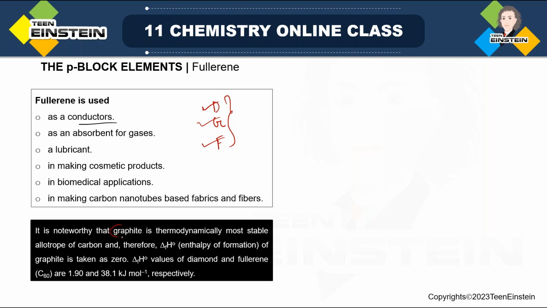It is true that chemically all of them are carbon, but in thermodynamic calculations, which of these forms should be considered the most stable allotrope of carbon? The answer to this question is graphite.